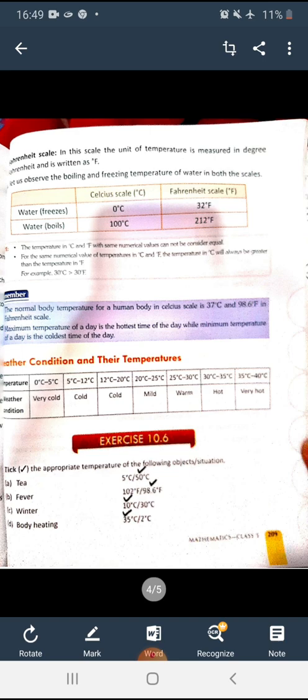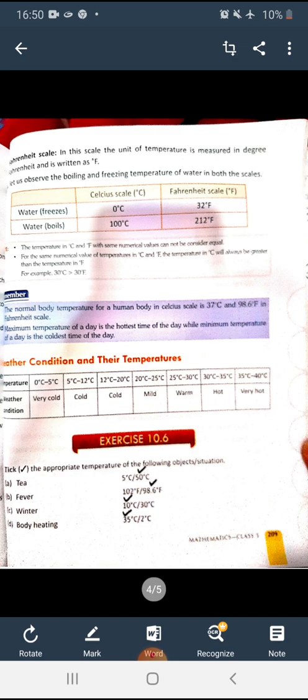So if it is 0 to 5 degree Celsius, then it means the weather is very cold. 5 to 12 cold, 12 to 20 again cold, 20 to 25 mild, then warm, then hot, then very hot. Right? That's why you must have heard that in summer the temperature is high, 30 degrees Celsius, 40 degrees Celsius. But in winter, it is 0 to 5 degrees Celsius or 5 to 12 degrees Celsius or up to 20 degrees Celsius basically.